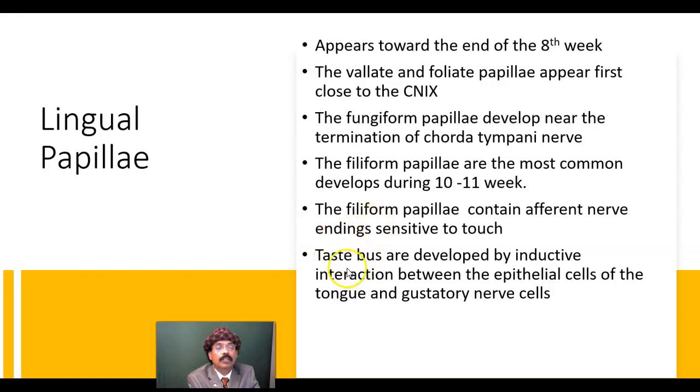No taste bud here. Taste buds are developed by inductive interaction between the epithelial cells of the tongue and the gustatory nerve cells, like those of the seventh cranial nerve, chorda tympani, glossopharyngeal nerve, and vagus nerve. So that is inductive interaction between the epithelial cell and the gustatory nerve cell.